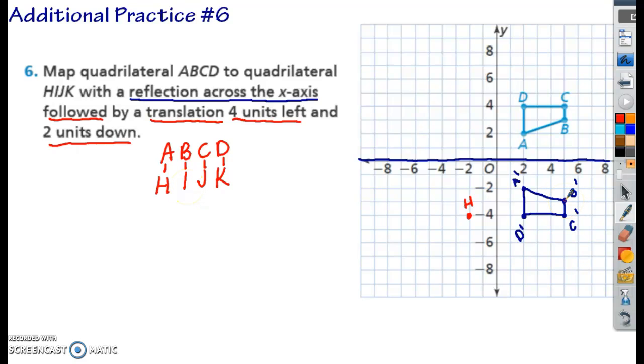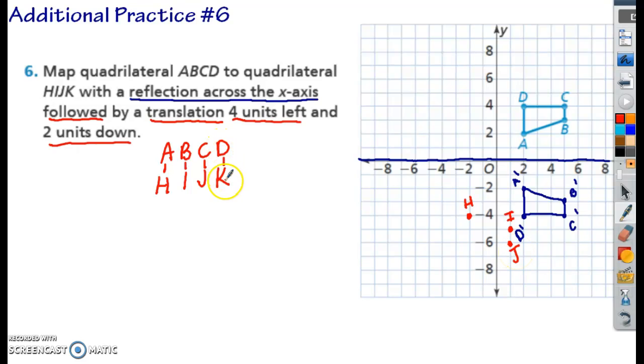So 4 units left, 2 units down. 1, 2, 3, 4, down, 1, 2. And this again is I. C, right here, C is going to be J now. So C is going to go 1, 2, 3, 4, down, 1, 2. So there is now J.